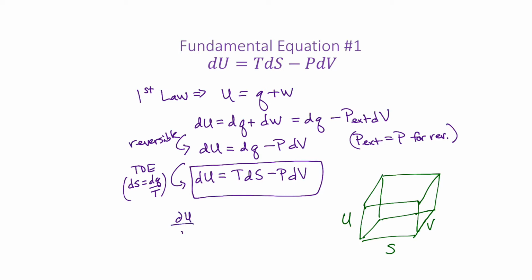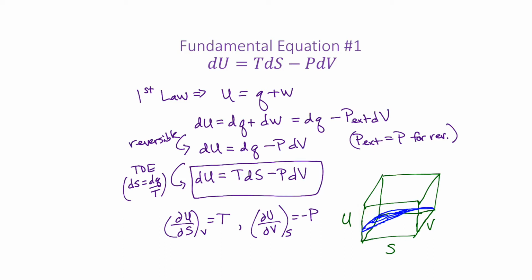We know that dU/dS at constant V is going to give us a slope of T, and the derivative of U with respect to V at constant S should give us a slope of minus P. For the situation where we have constant volume and we're changing entropy, we're going to have a positive slope, and then holding entropy constant and changing along our volume, as volume increases, we're going to have a decrease. So we'll be going downward as we increase in volume.